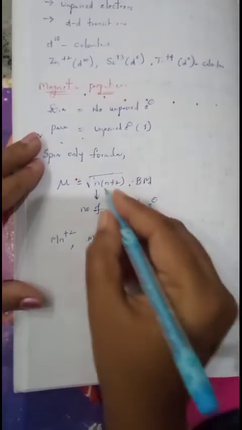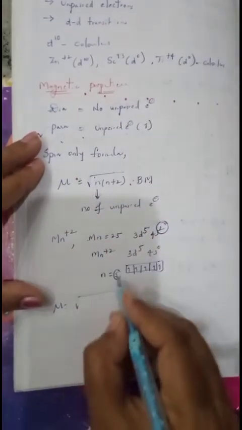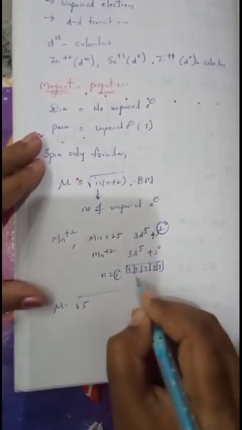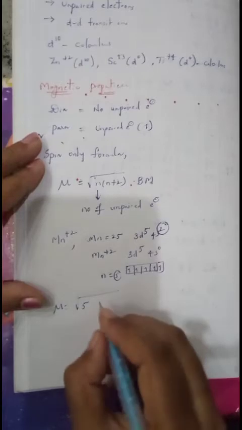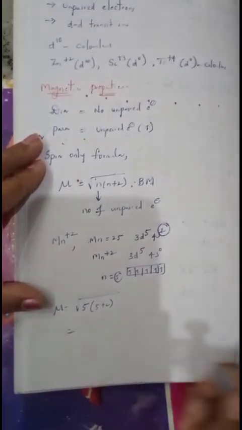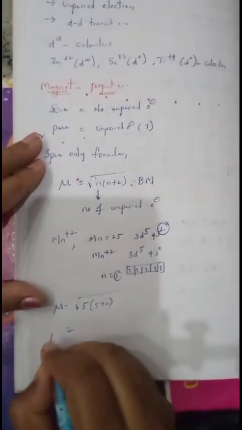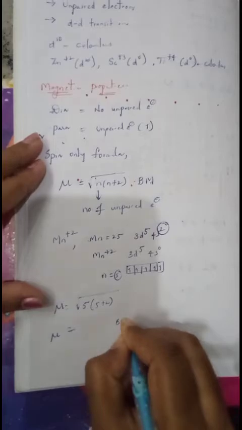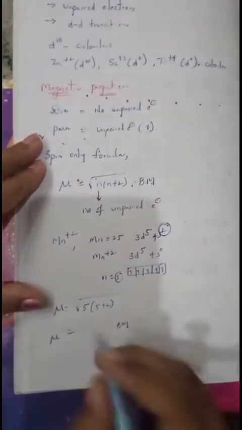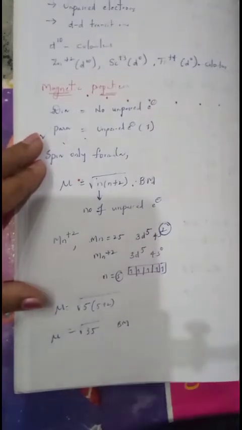You substitute this value here. Then mu equals square root of, in place of n we write 5, because the number of unpaired electrons obtained here is 5: 5 into 5 plus 2. Then you just calculate and you will get the mu value. Mu effective equals, in Bohr magnetons, finally square root of 35. That value gives the mu value.